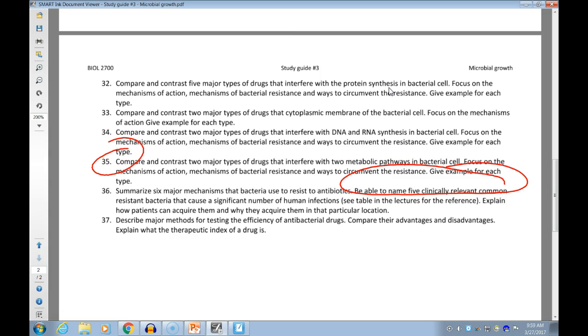Does that make sense? Now, when we talk about resistance, what else I want you to understand is that it's a genetic thing. When we say a microbe is resistant because it pumps the drug out, what actually pumps the drug out? What do we call the molecule? The question contains an answer. The molecule that pumps the drug out is called a pump. This pump is what type of biological molecule?